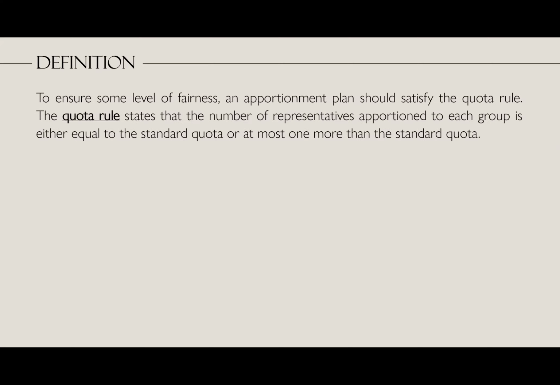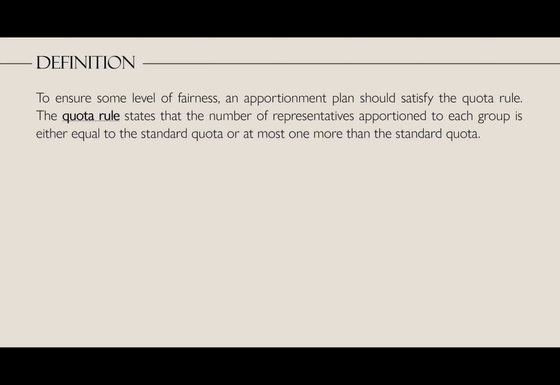The second thing I want to mention is this quick thing I'm going to call the quota rule. Whenever I'm deciding how many seats or representatives each state should get, we should have a little bit of checks and balances and make sure that we're being roughly fair in how we distribute seats. So to help us a little bit, there are some rules.